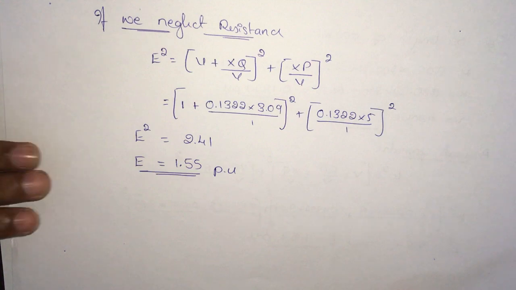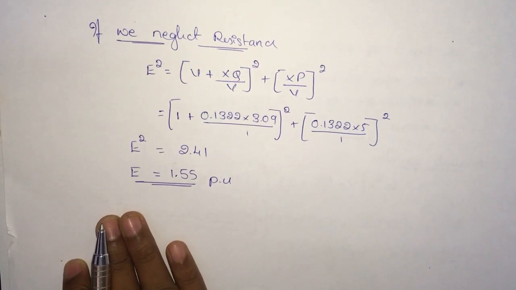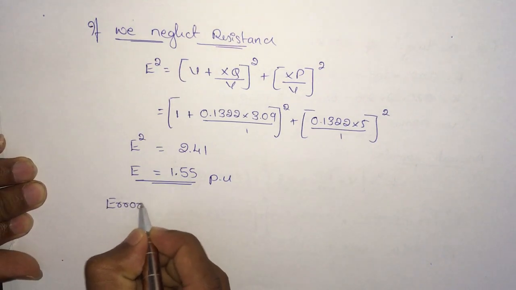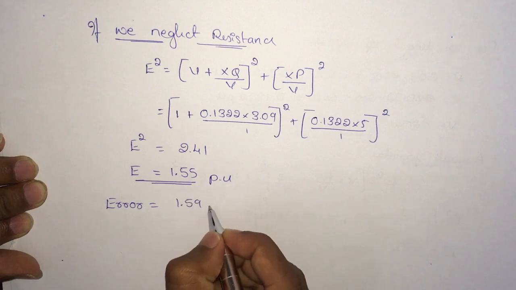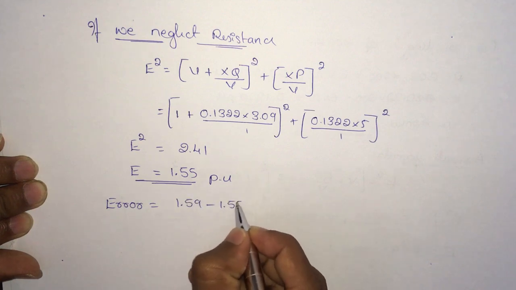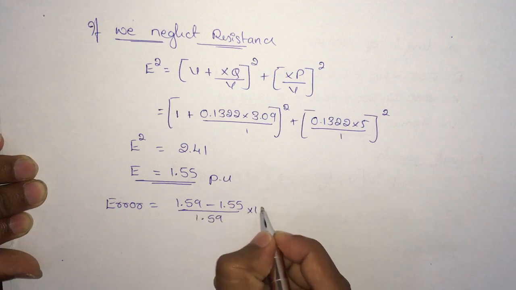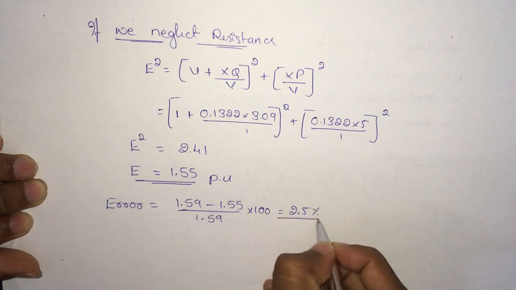The percentage error is equal to 1.59 minus 1.55 divided by 1.59 into 100, which will be 2.5%.